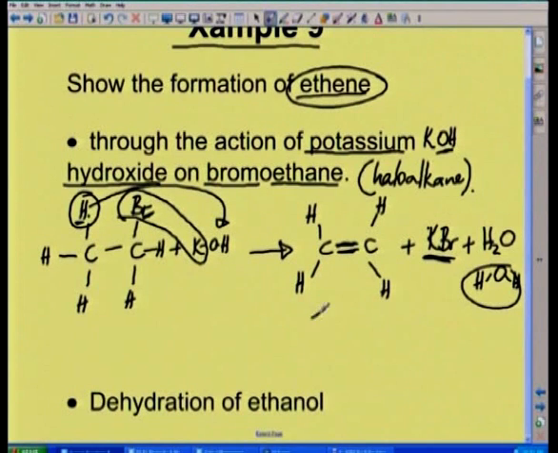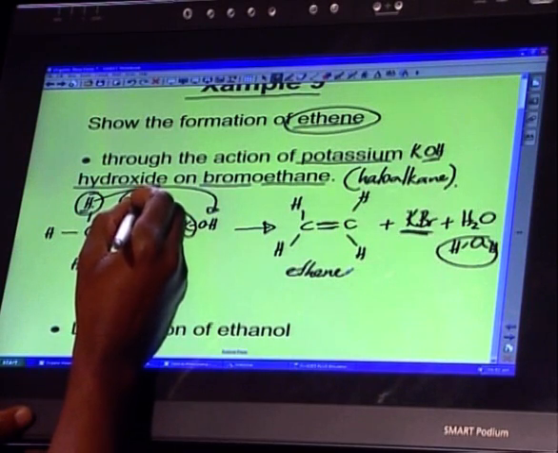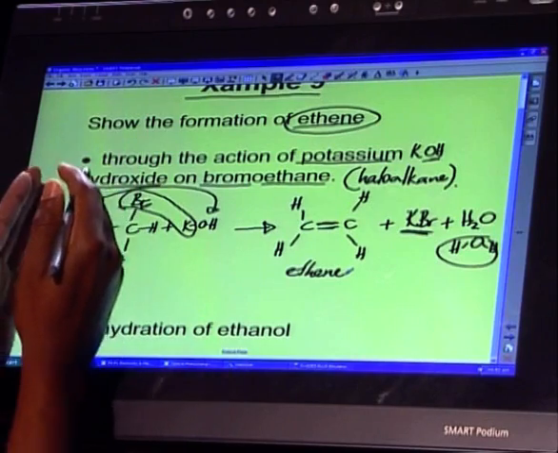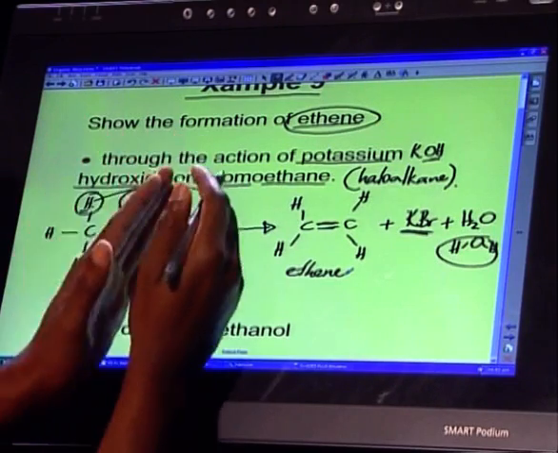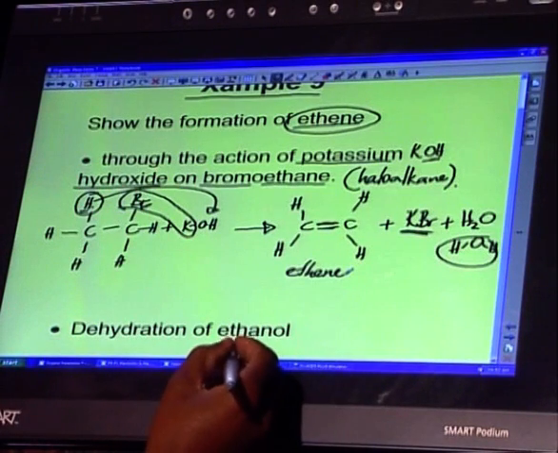So I now have an ethene molecule. So that is actually what is happening there. There has been a removal of hydrogen and a removal of bromine atoms there. And that is dehydrohalogenation. You are removing the hydrogen and the bromine there.